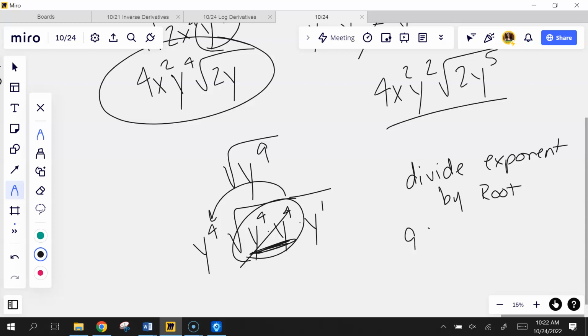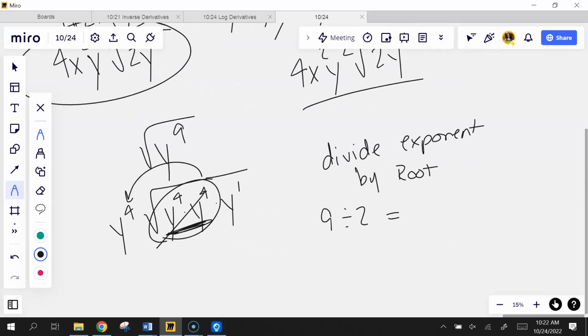So if I do 9 divided by 2, I get, and here's where I'm going to contradict myself just a little bit because I told you never to write a remainder out. But 9 divided by 2 would be 4, but what's my remainder here? 1. This is the exponent outside. This is the exponent inside.